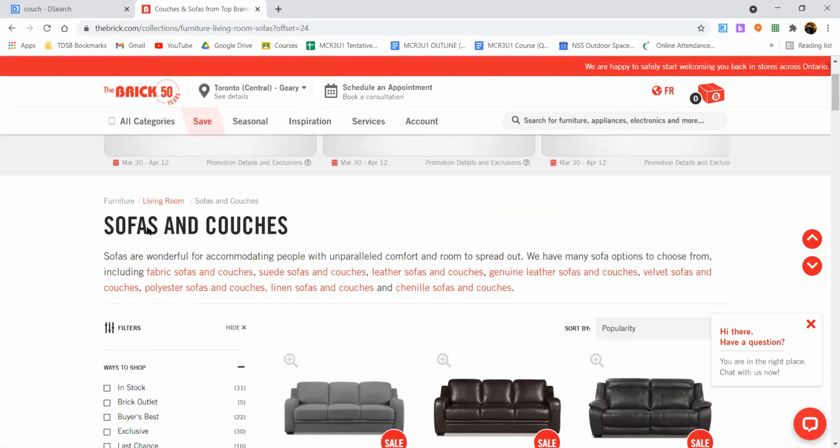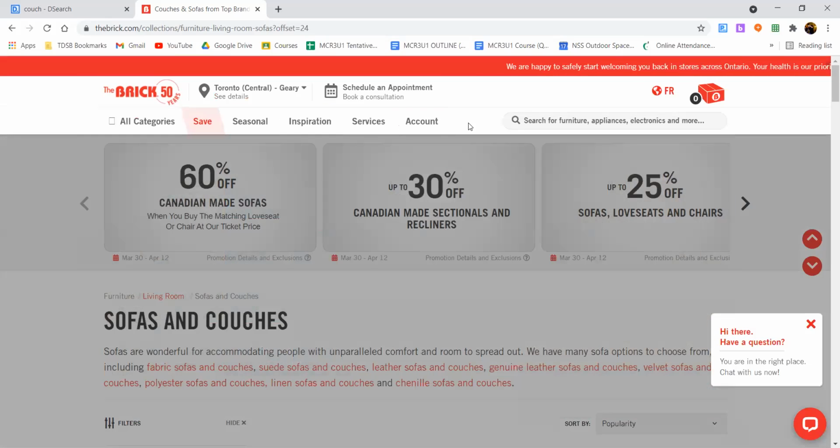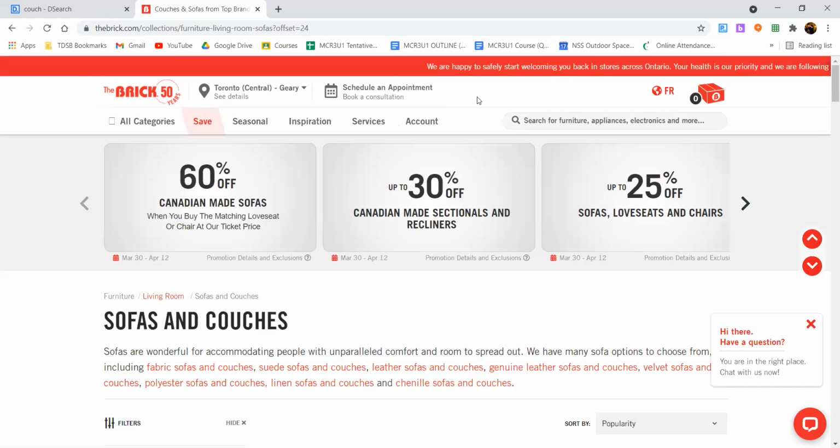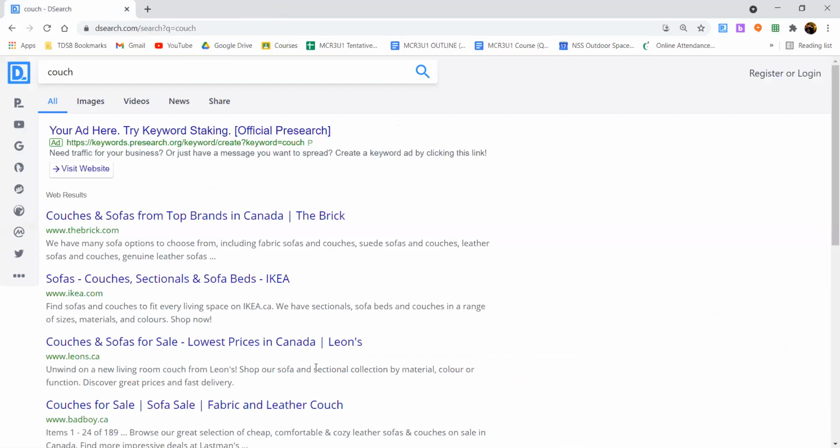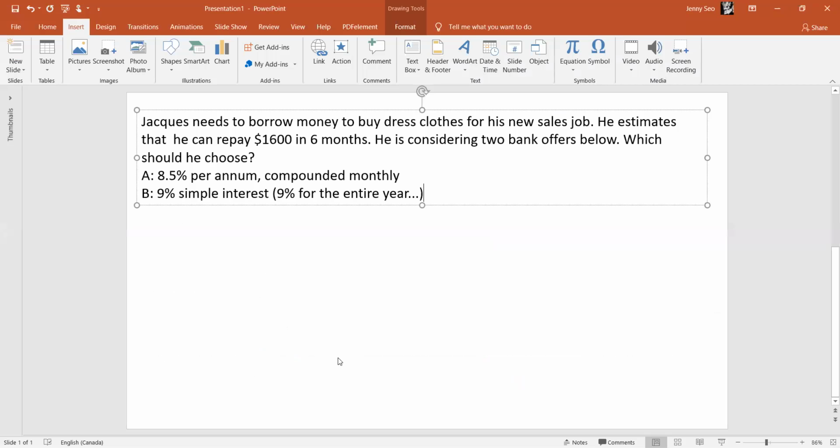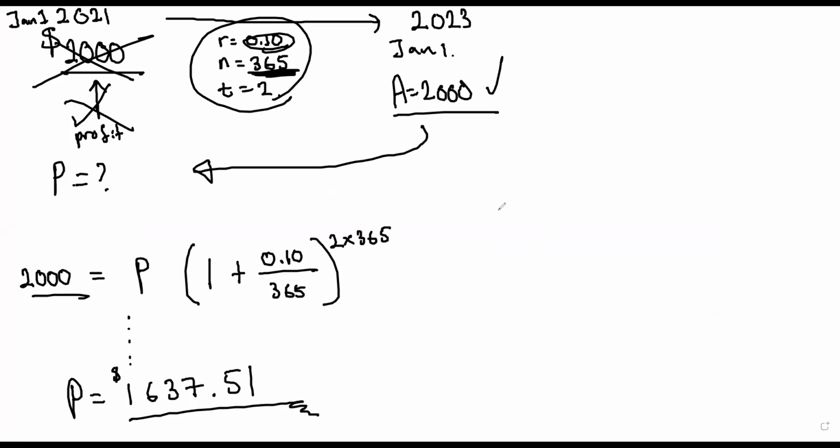Places like the Brick and other furniture warehouses typically have promotionals of, you know, don't pay until a certain date. And there's a reason behind it, because it can be really pricey.